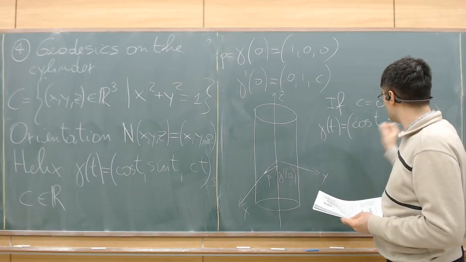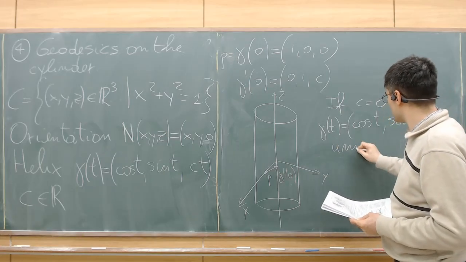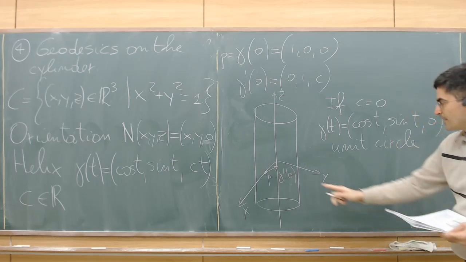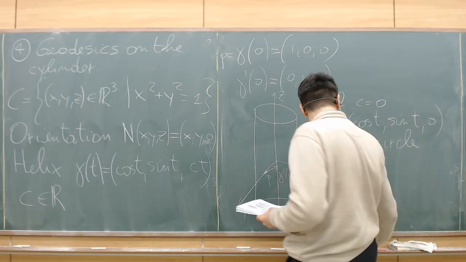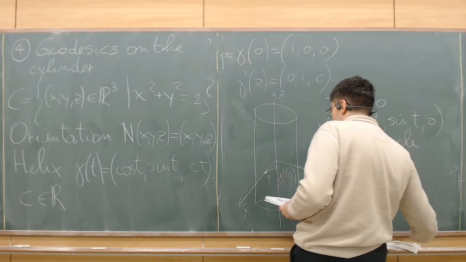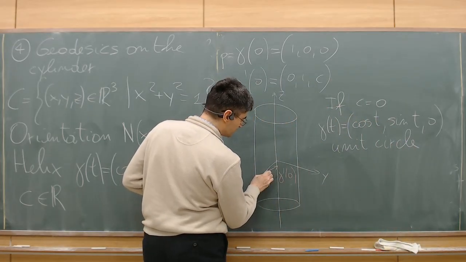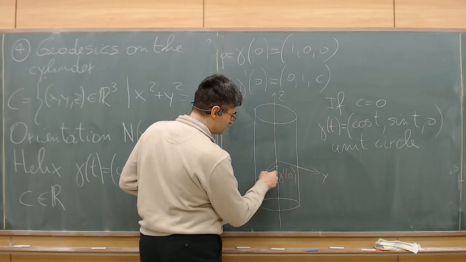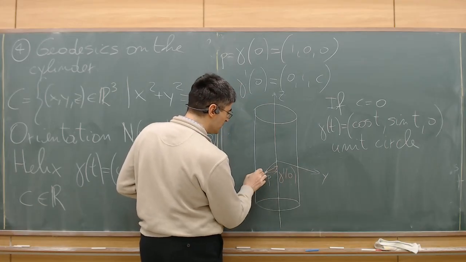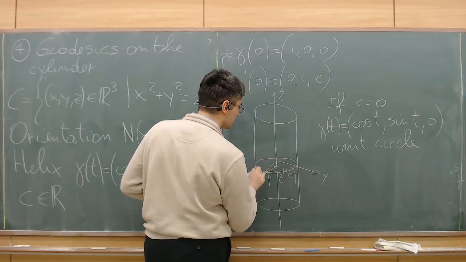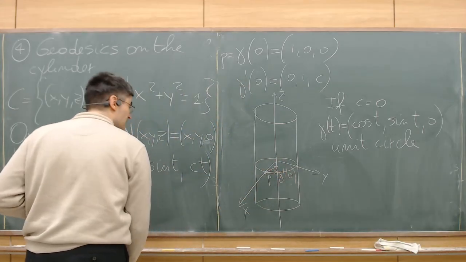This is the parameterization of a unit circle passing by P. In this case, the tangent vector, the initial velocity vector is the yellow curve, and the geodesic is this one.